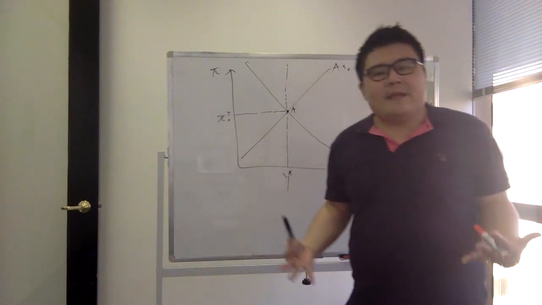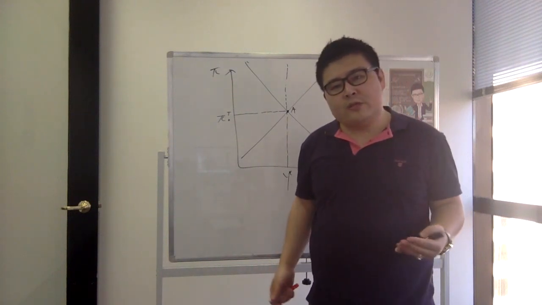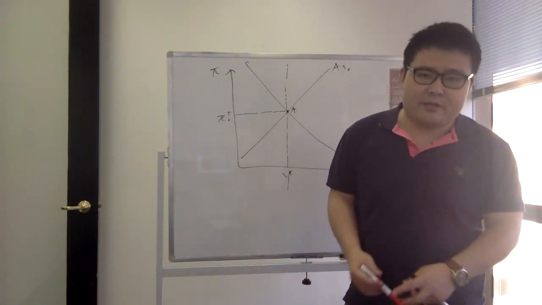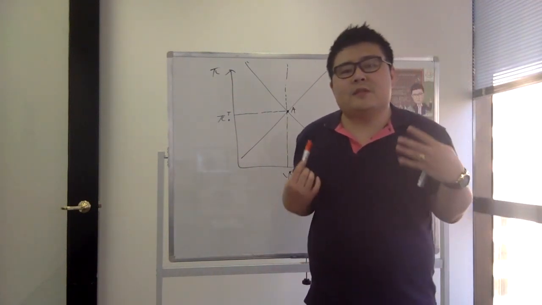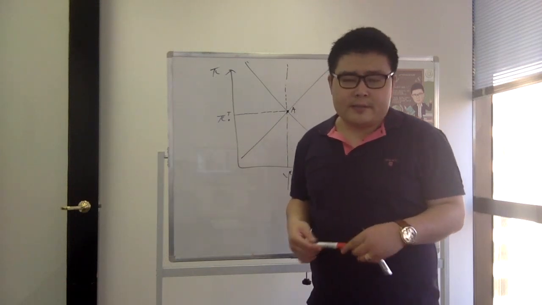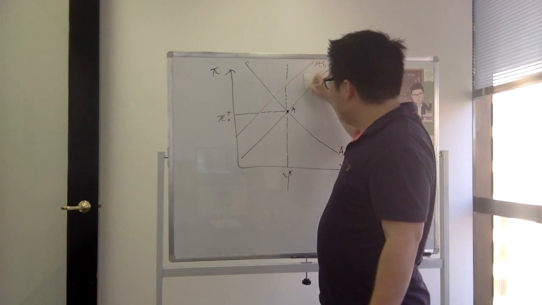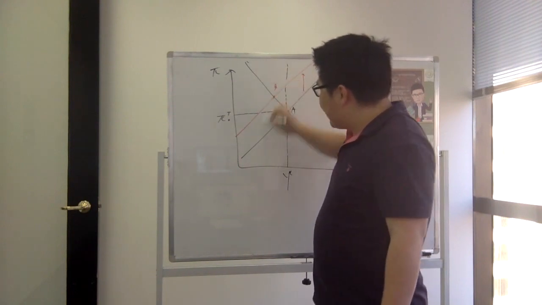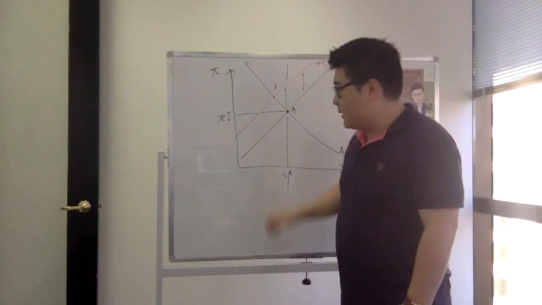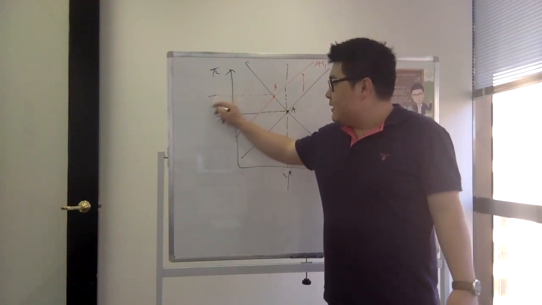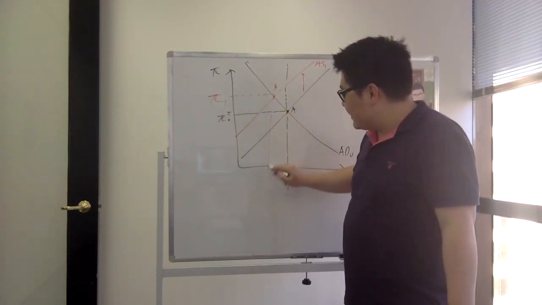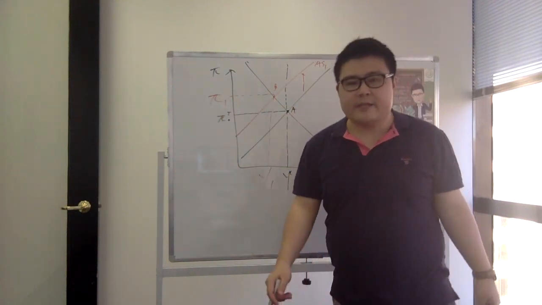Now, hypothetically assume that there's a temporary increase in oil price. If there's a temporary increase in oil price, this means that the AS curve will shoot up to AS1, okay? So that means we are temporarily at point B, where inflation is at pi 1, and obviously the output is at y1, yes?